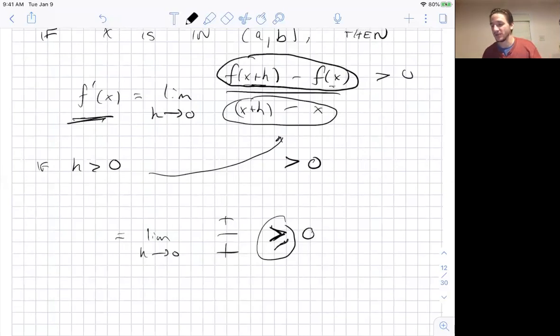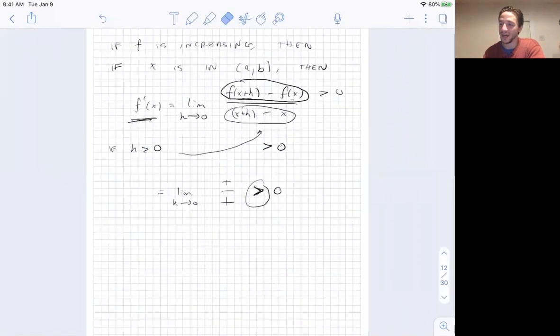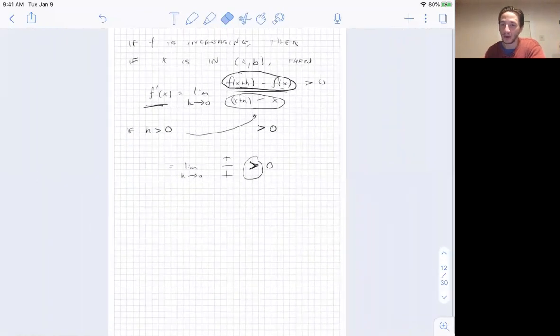That's why some books define it that way. But we're just going to assume that it's a strict inequality, which isn't technically correct, but it doesn't really matter. The real thing we wanted to show was the other direction, which we already showed. Okay. So, are there any questions?